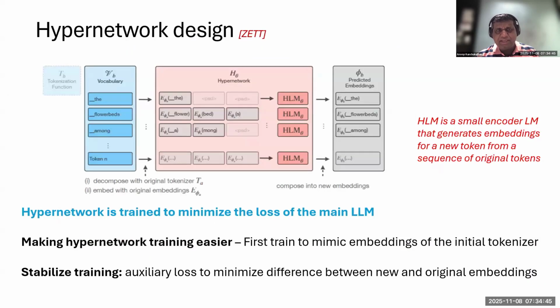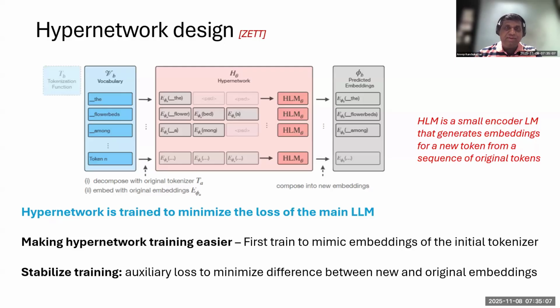And the hypernetwork will look something like this. It takes in the new tokenizer, and the tokens in the new tokenizer are broken down into their constituent units using the old tokenizer. Then these tokens are passed to a small encoder language model, which will generate the actual embeddings.